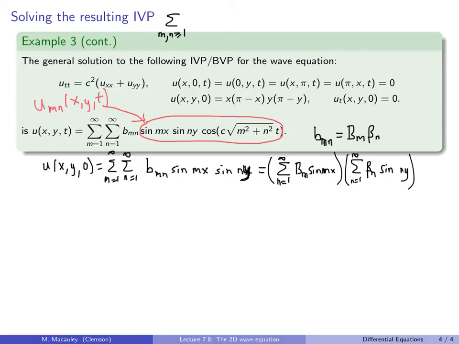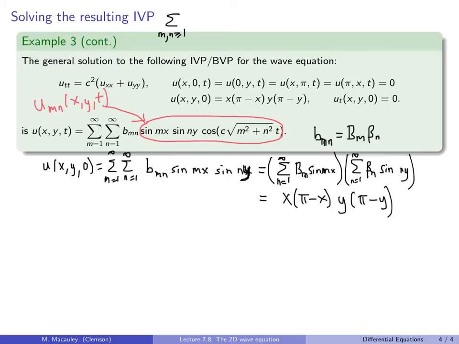We do this because this thing is equal to x times pi minus x times y times pi minus y. And we know how to write these things as Fourier sine series.